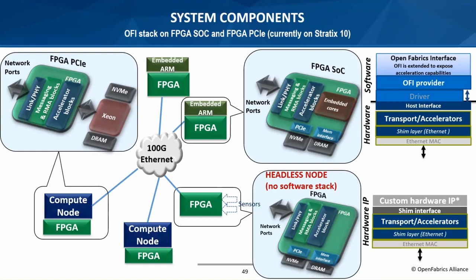Then there is something called a headless node, where there is really no need for running an OFI stack. Here you can trigger the accelerator through the network and get the operation done on this remote FPGA. As we saw in the earlier talk, this conforms to the serverless function or possibly hosting microservices model.